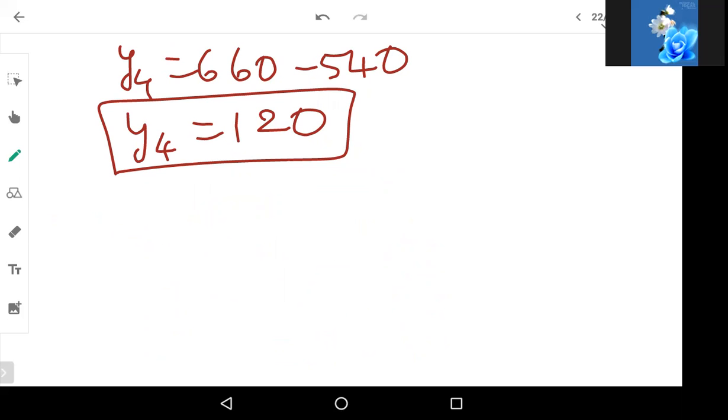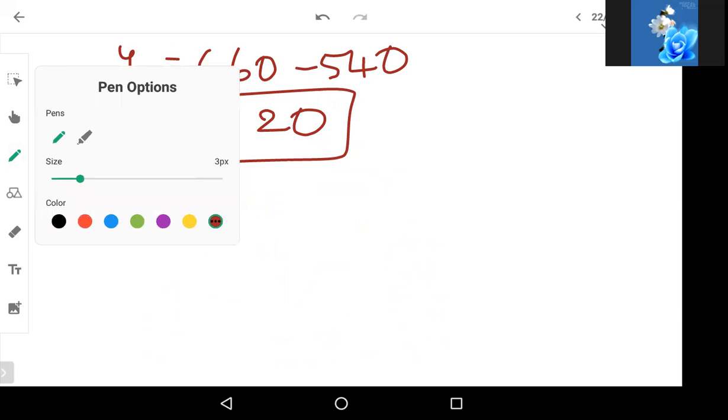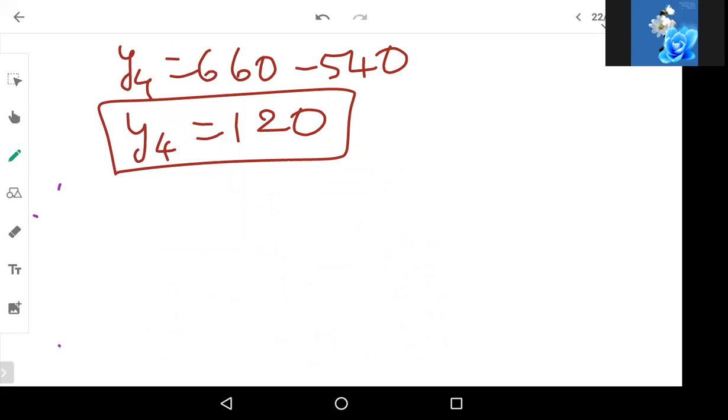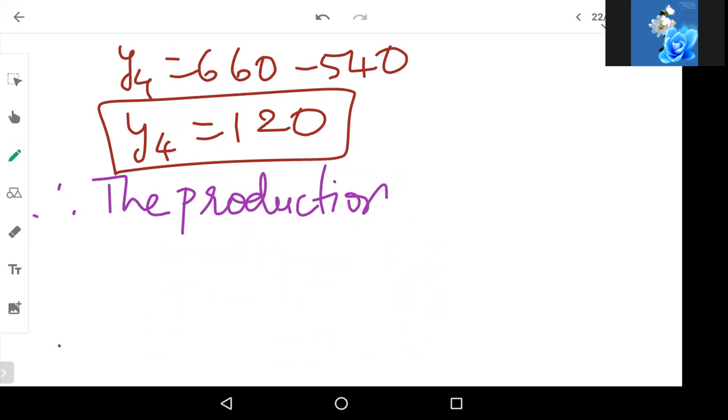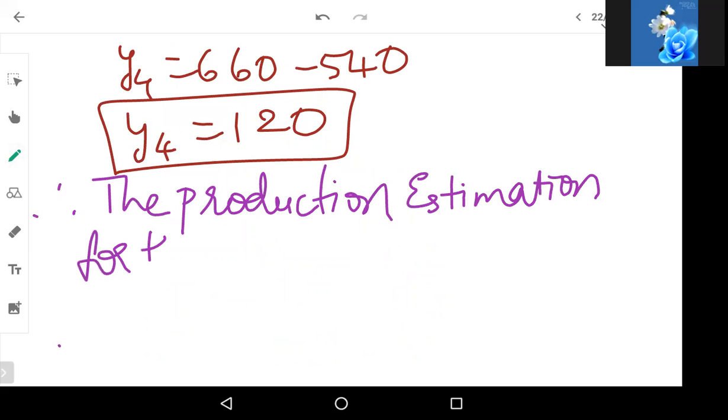So therefore the production estimation for the year, firstly y2.